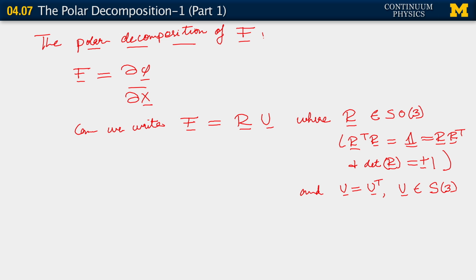The answer is yes. And in fact, F equals RU comes with a name. This decomposition is called the right polar decomposition.